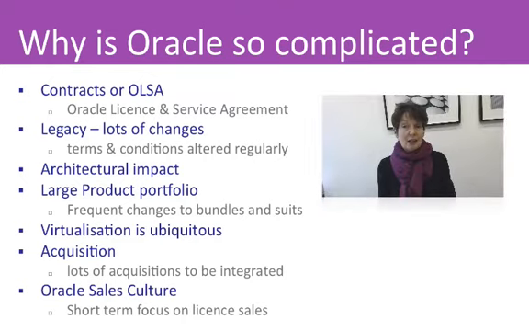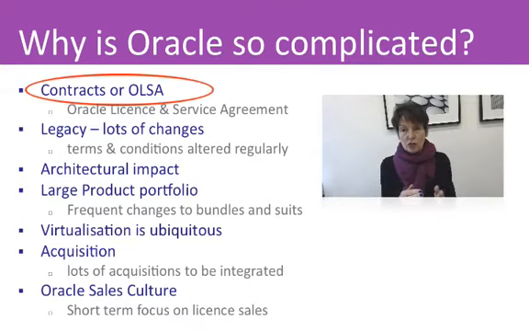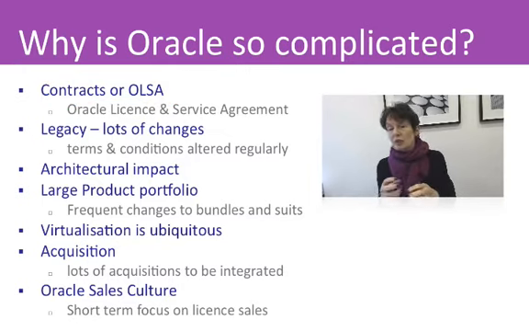Current licensing is basically quite straightforward, and we will go through that, and that really is a straightforward way of looking at licensing from either the server point of view or the users. Where it becomes complicated is old contracts, old Oracle license and service agreements, perhaps some of the different ways you've ordered and purchased over the years.